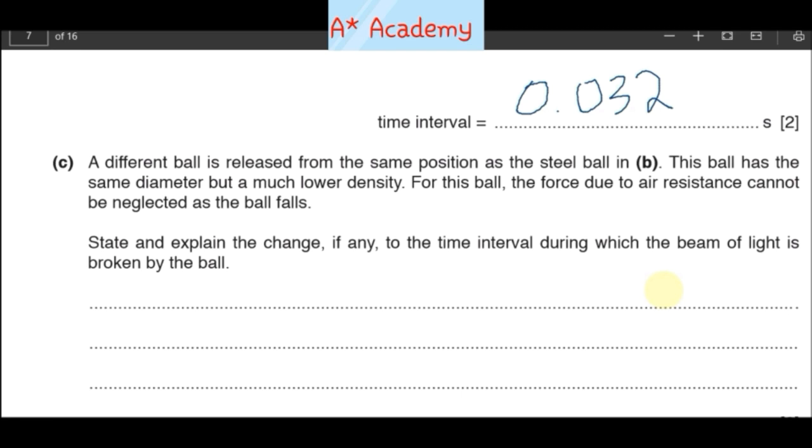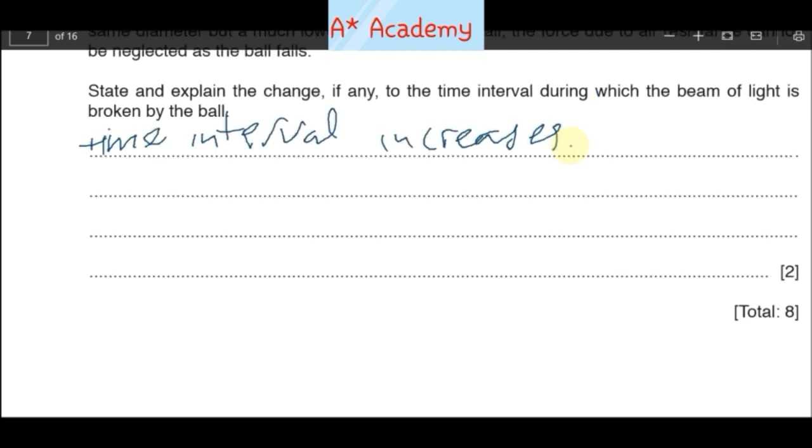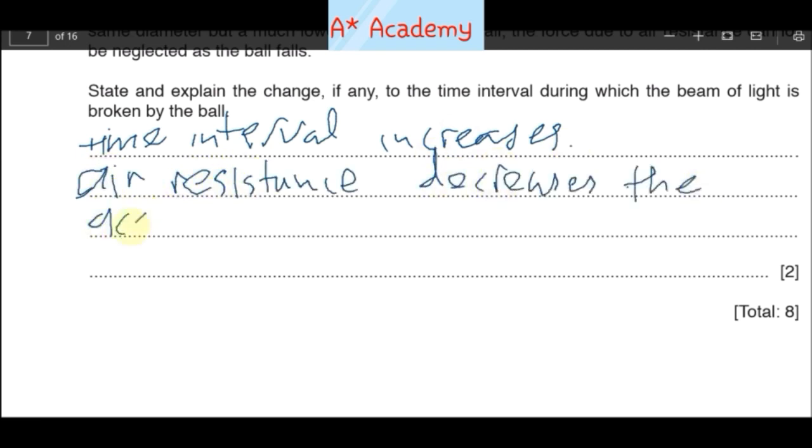Firstly, the density is lower, which means the weight of this ball is lower. Secondly, the air resistance is greater. So the time interval for which the beam of light is broken increases because air resistance decreases the acceleration of the ball.